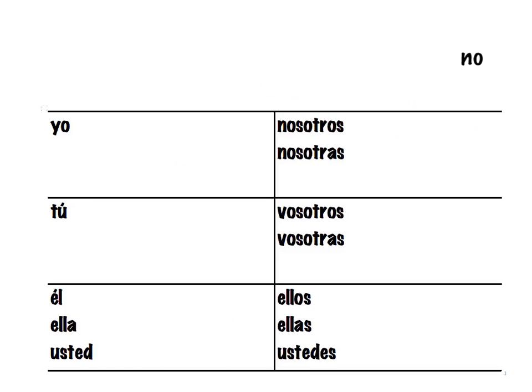Okay, let's go ahead and conjugate one. We could pick an AR verb, an ER verb, an IR verb. I think I'll pick jugar. Since this is a compound tense, I need to put in my auxiliary or helper verb first.